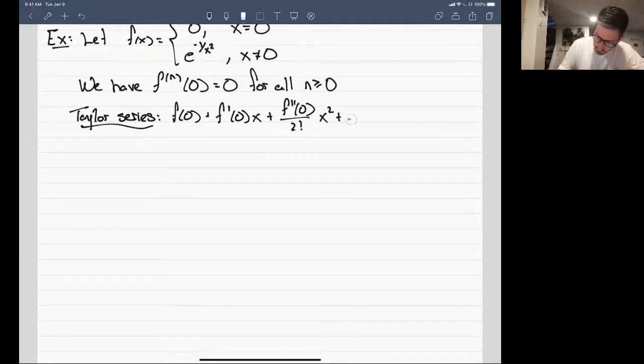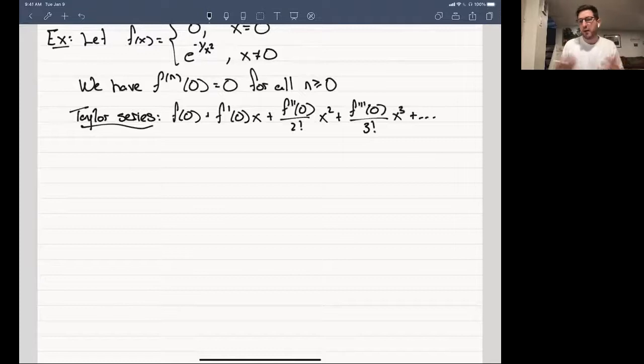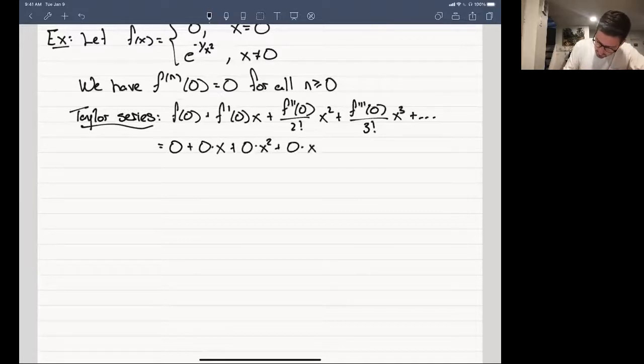Actually, let's do one more in there just for the sake of it: triple prime of 0 over 3 factorial times x cubed. And I'm centering this around x equal to 0. But obviously you can probably see what's going to happen, right? 0 plus 0 times x plus 0 times x squared plus 0 times x cubed plus ..., which is equal to 0.